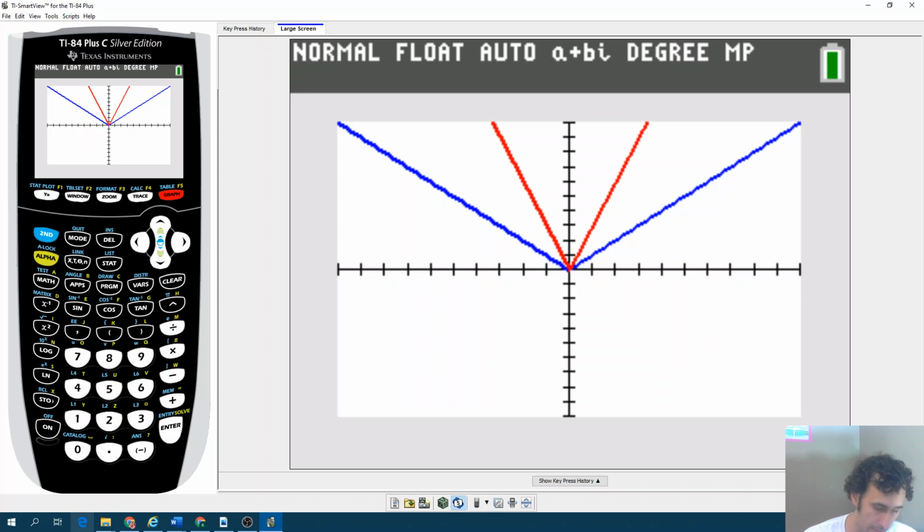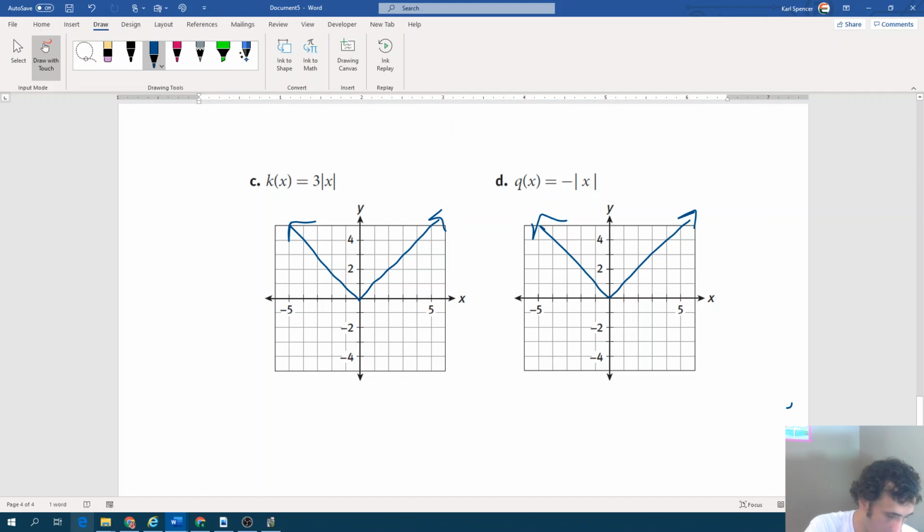So if I go back to my problem, this 3 up here has changed my vertical stretch. It's changed the slope of my equation. So now it's going to look something like that. That number on the outside, that 3 on the outside, is what we call a vertical stretch.